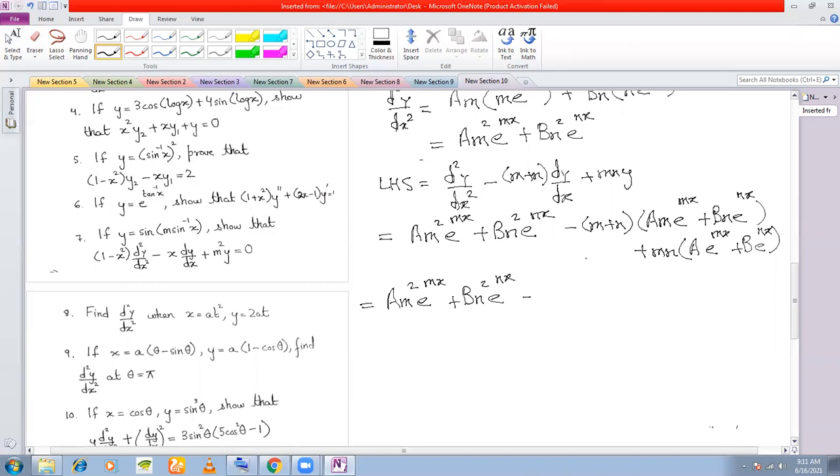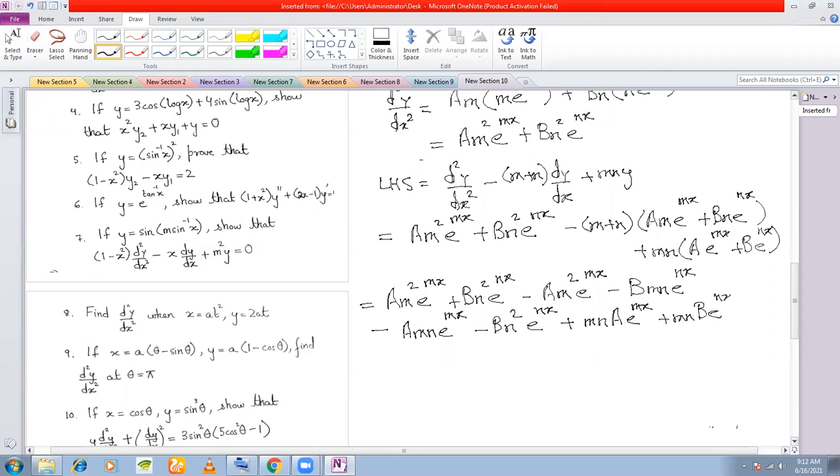You multiply this to get am square e to the power of mx minus bmn e to the power of nx minus amn e to the power of mx minus bn square e to the power of nx plus mn a e to the power of mx plus mn b e to the power of nx.